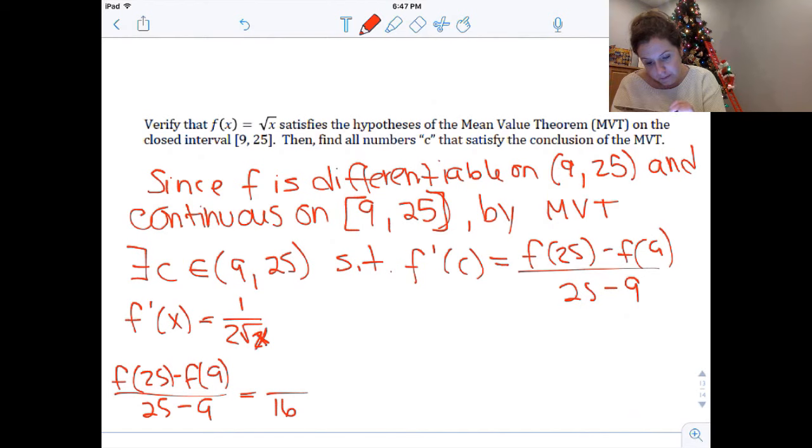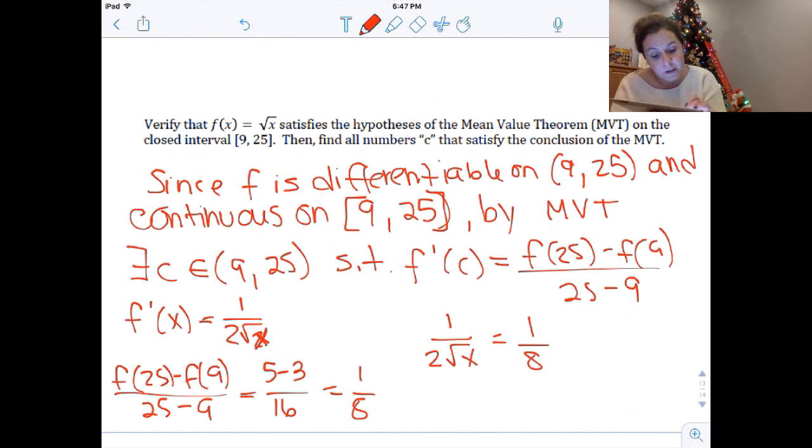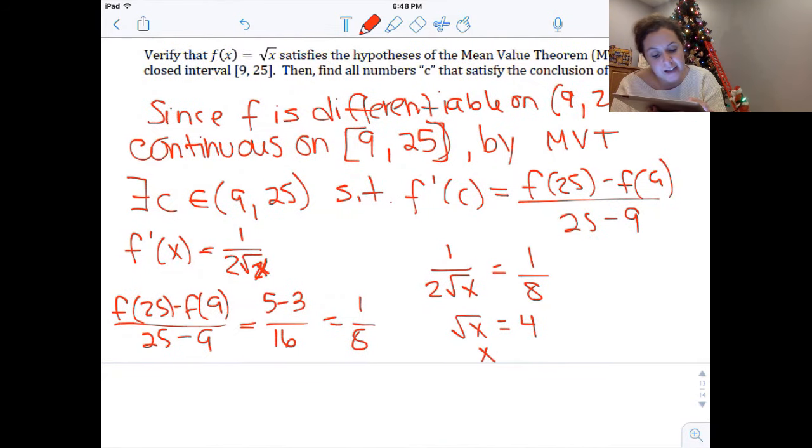And let's find where they're equal. So 1 over 2 radical x equals 1 over 8. Cross multiply or just set your denominators equal. Radical x equals 4. And so square both sides, x would equal 16. Now, is that on the interval? Yes, it is. Great. So this C value is 16.